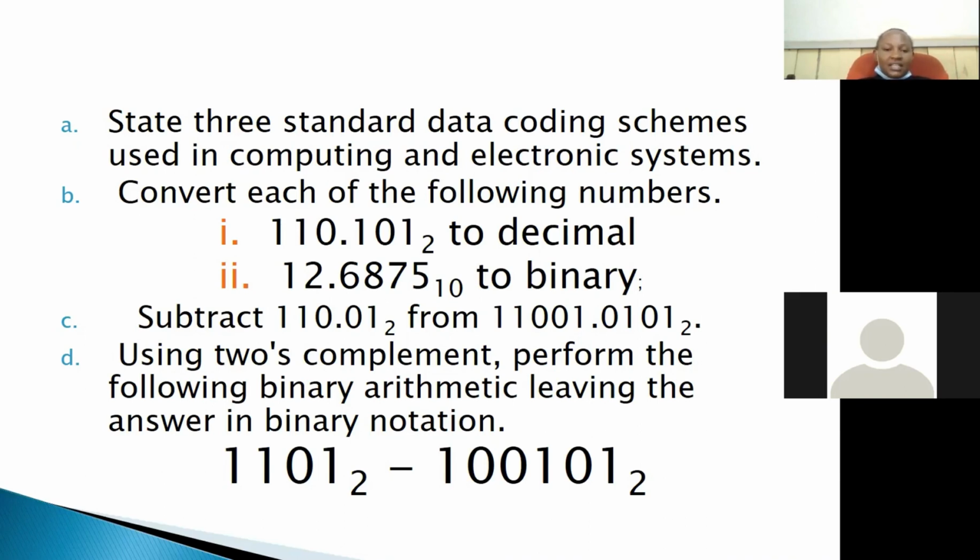Now the 0.6875, you multiply it by 2 until the fraction part becomes 0 or starts repeating itself. And then at that point, you read the bits downwards. So your answer will be the binary equivalent of 12, point, the binary equivalent of 0.6875 base 2. At that point, you will have followed all the steps and you get your answer right.